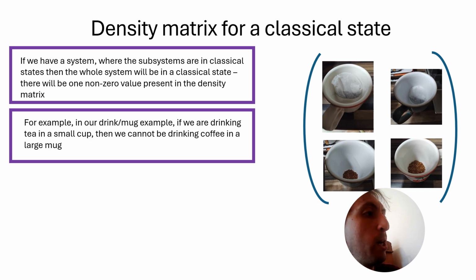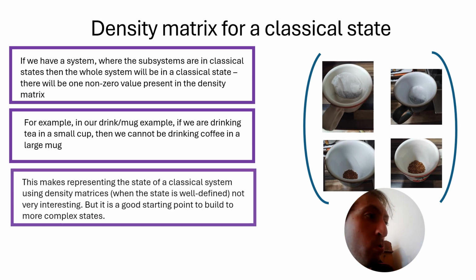So clearly, when we're describing a classical system, if we know the state and are able to write this known state, then our density matrix will only have one non-zero component. That does make representing the state of a pure classical system using a density matrix heavily overcomplicated, slightly mathematically ridiculous and over the top and flamboyant.